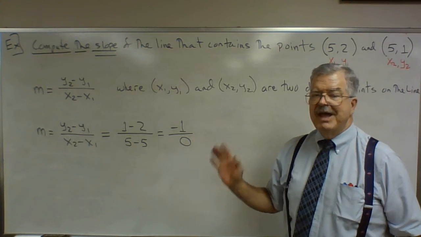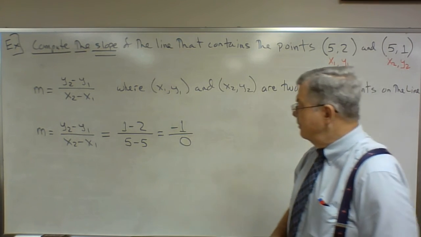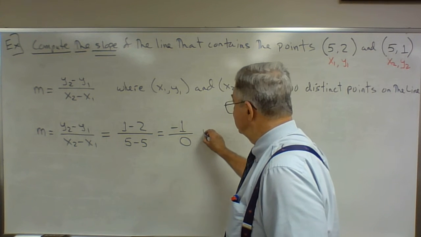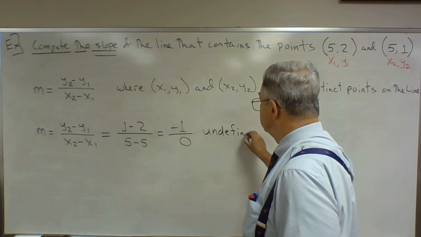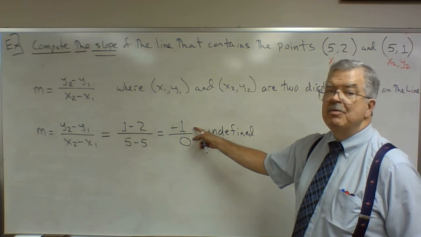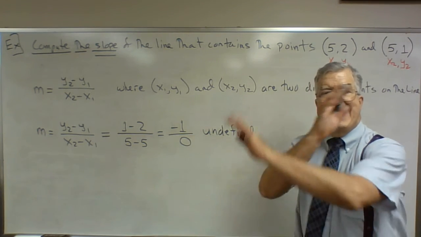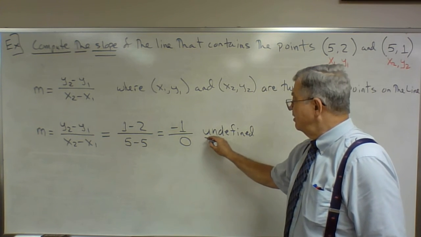Another thing that we don't ever do in life is divide by 0. And so when we have a situation where division by 0 occurs, we can't give this expression a numerical value. If we divide by 0, we have to say, can't do that, undefined.